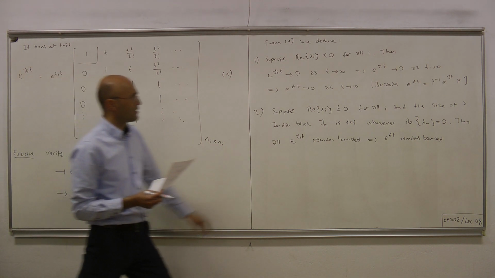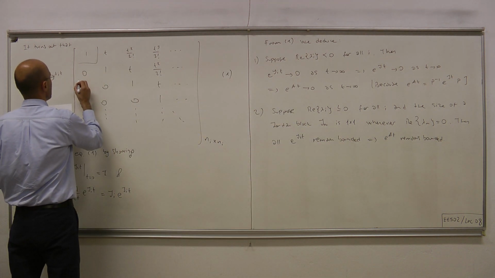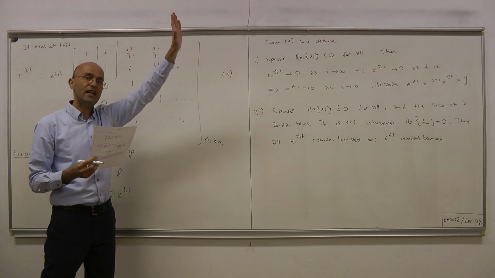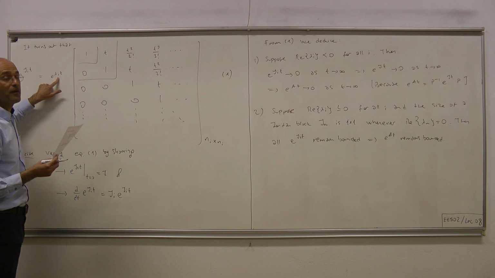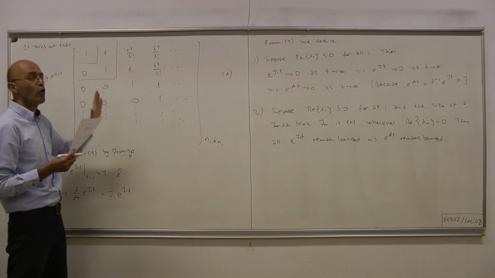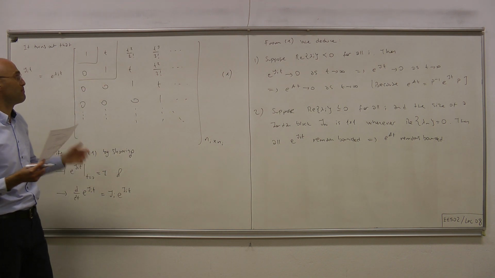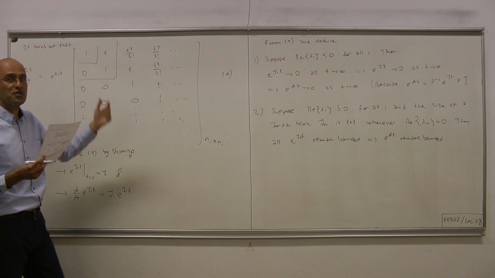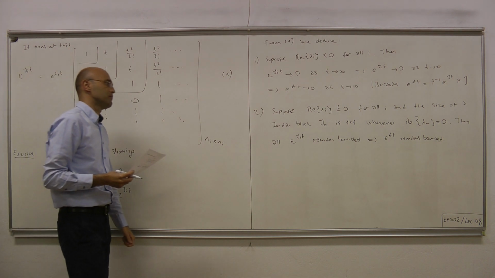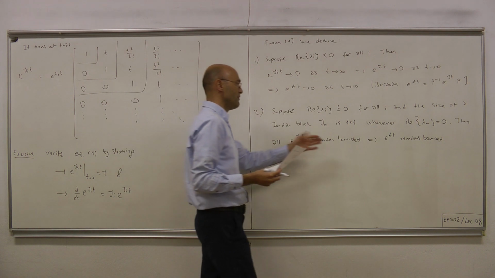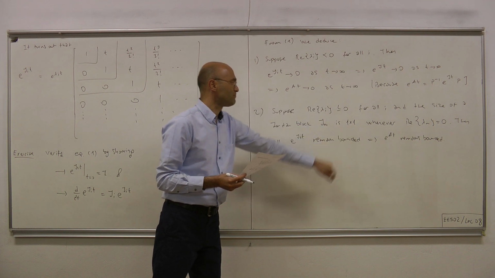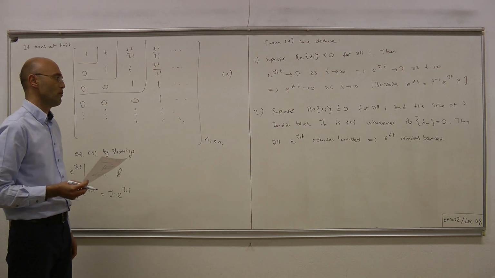If, however, the size is 2 by 2 or larger, for the 2 by 2 case, we have here a t term. t means polynomial increase. Since this is purely imaginary, the magnitude is always 1. It's not decreasing. Therefore, it cannot suppress the polynomial increase of that t term. That means the corresponding block, which is size 2 by 2 or 3 by 3 and so on, will become unbounded, and that means eventually e to the At becomes unbounded. Hence, this size constraint is important for bounding this.